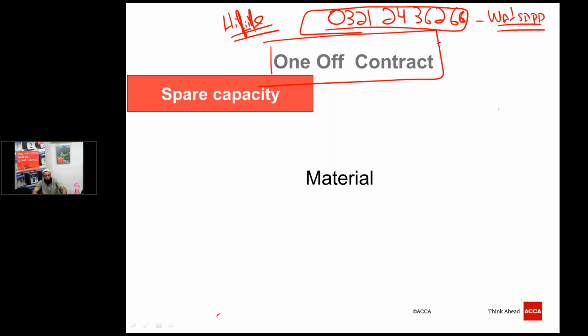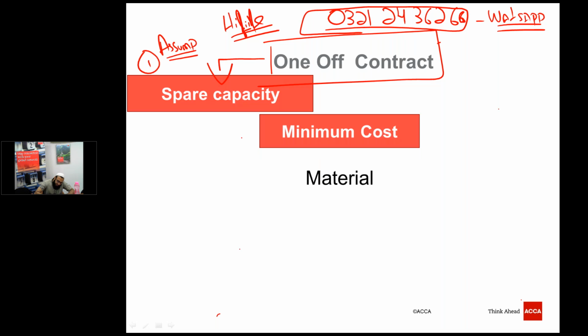So you'll be sending the answers to me on the group. That's why just learn the basics. A one-off contract is a one-off opportunity which you take up in your spare capacity. This is the first assumption. These are the assumptions that I'm telling you here. Number two, it provides a minimum cost.